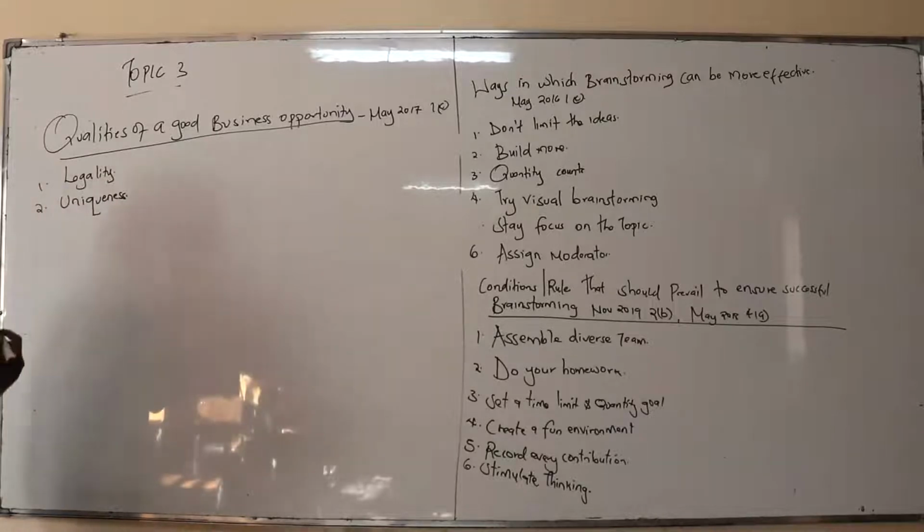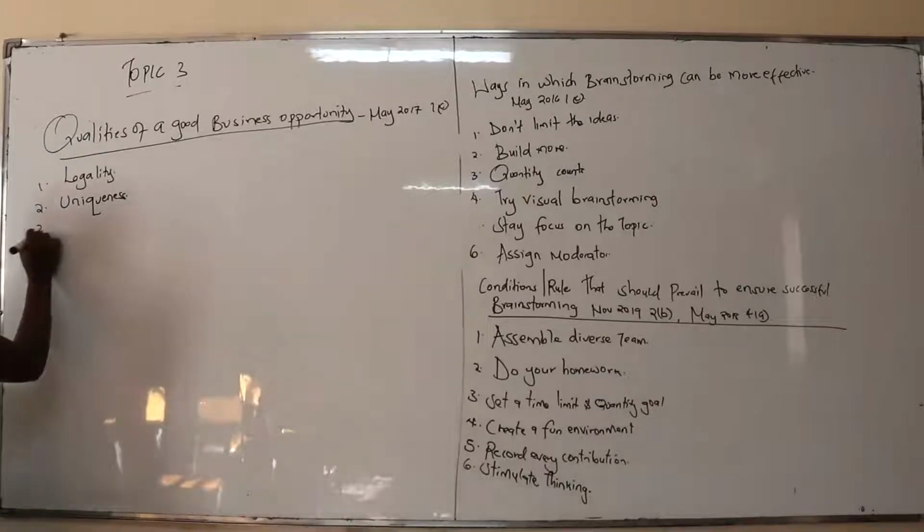Remember that you will be in an environment whereby we have other competitors in the field. That business might be something which is already in the market, but it doesn't mean that it is flooded. You can still come in and differentiate your goods to be unique from the competitors.